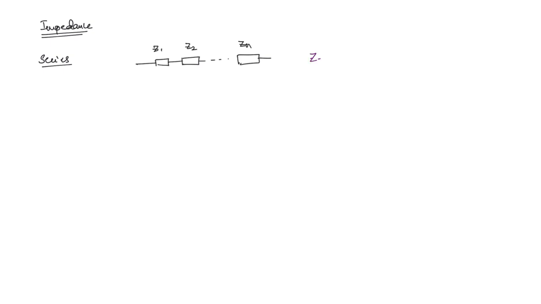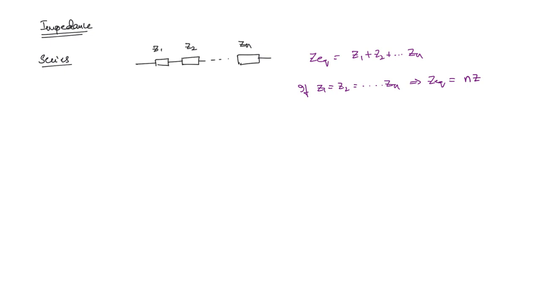Then what will be the Z equivalent? This will be the sum of all of the impedances. So this is for the series connection. And what if all of the impedances are equal, if Z1 is equal to Z2 and so on till Zn? This implies that Z equivalent is equal to N times Z.